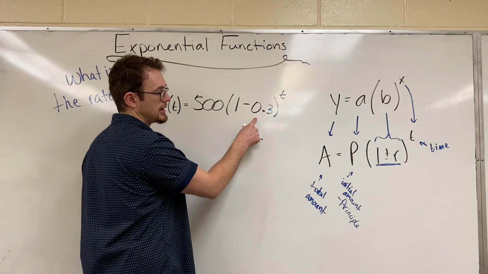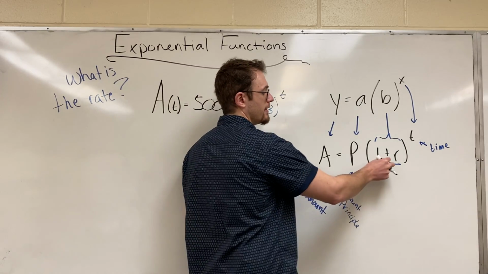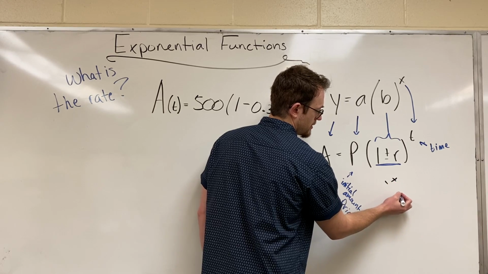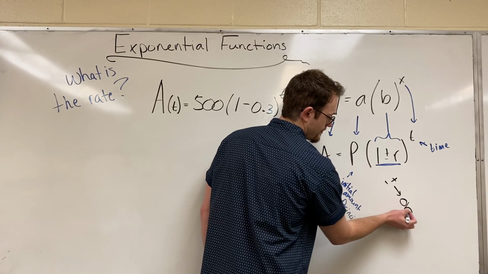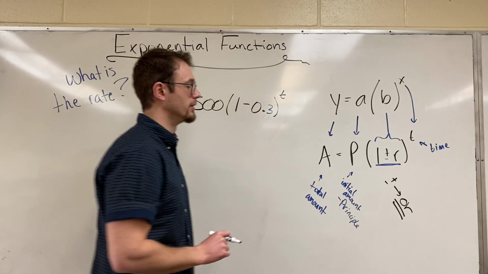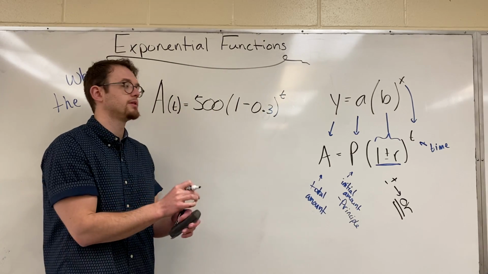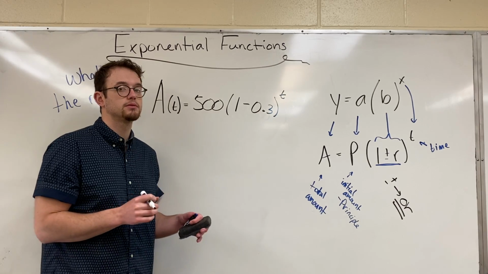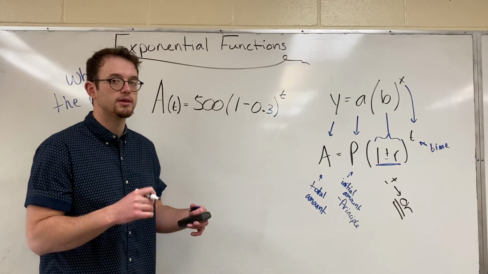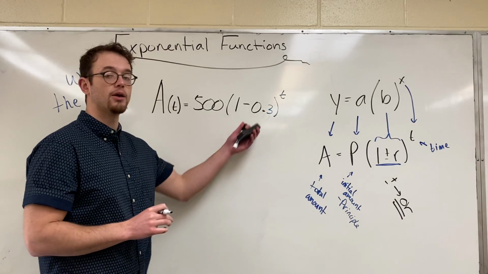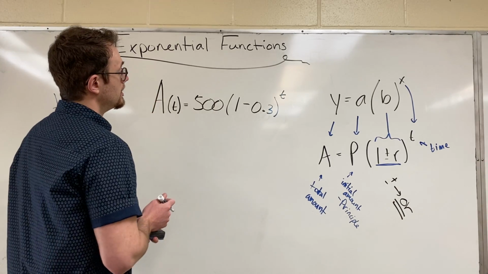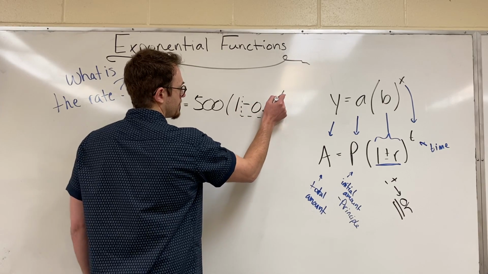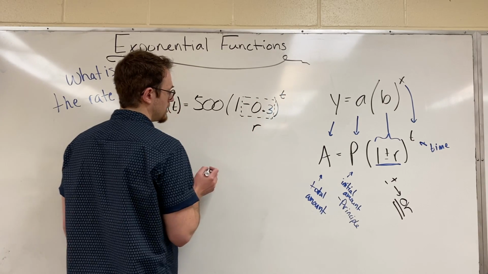That's r. Now notice, I do want to highlight this plus or minus is or. You're not going to have plus or minus in there all the time. It's either a minus or it's a plus. If it's minus, it's decay. If it's plus, it's growth, right? You're taking away how much. So this piece right here is r.